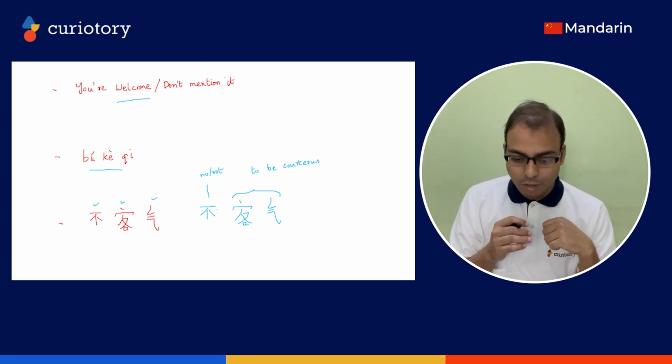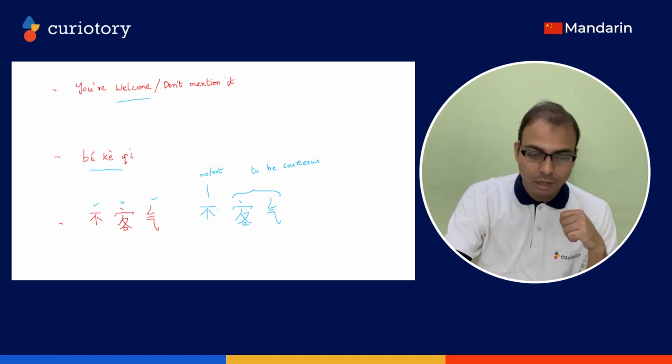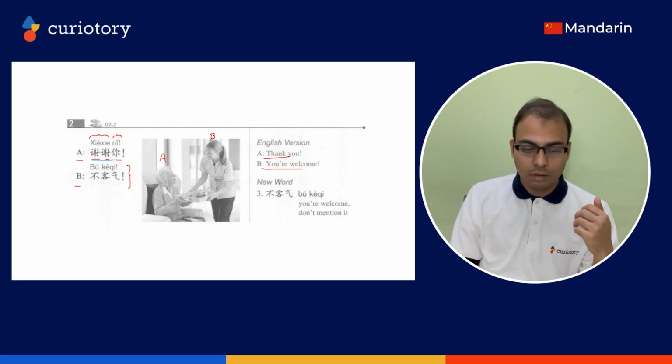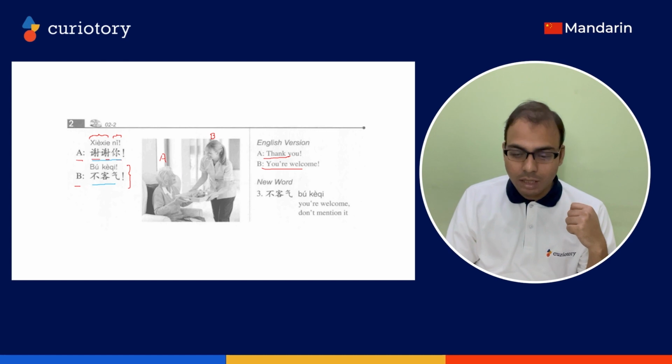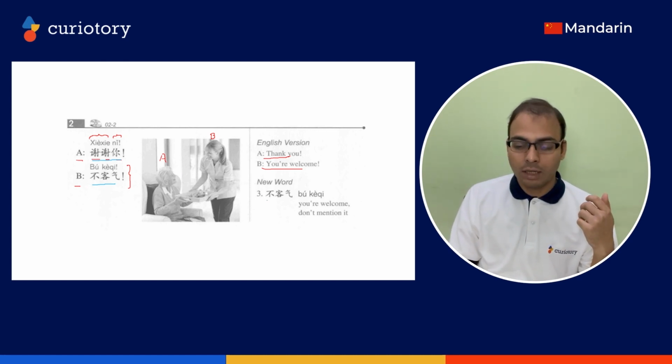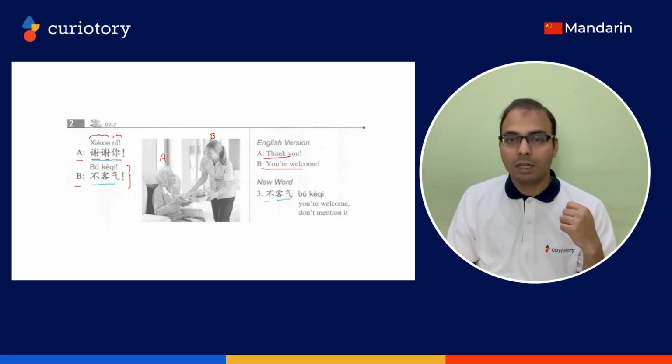So what did we learn here? We learned 谢谢你. The old lady was saying thank you. And the young woman was saying 不客气. And what did we learn? We learned that 不 means no or not, and 客气 means to be courteous.